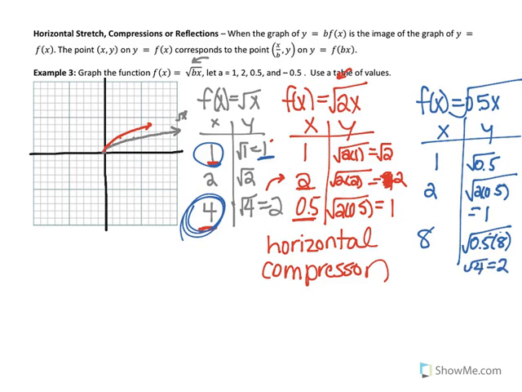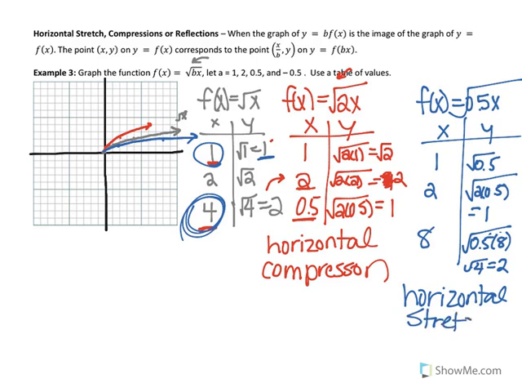So this one would look like, at 2 we hit 1, and at 8 we hit 2. So it actually makes it wider. So this is actually a horizontal stretch.